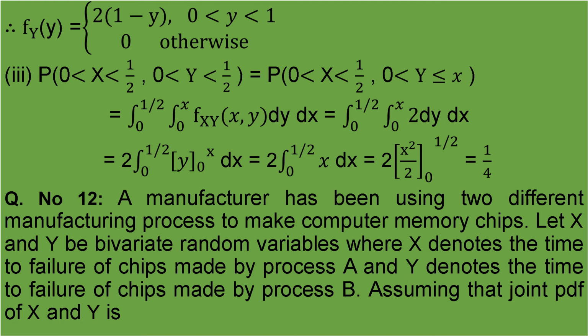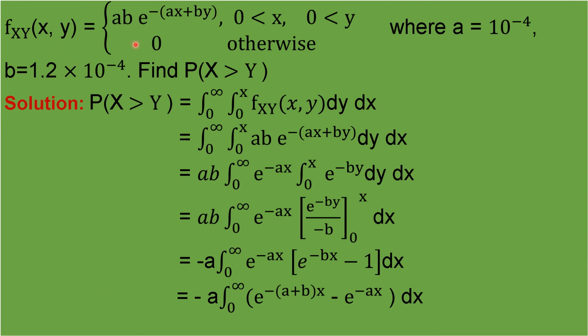Now assume that the joint probability density function of x and y is f_xy(x, y) = ab e^(-(ax + by)) for x greater than 0, y greater than 0, and 0 otherwise.